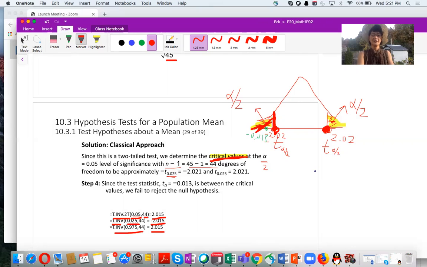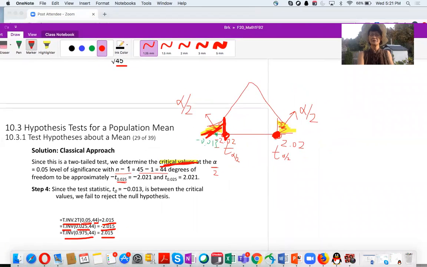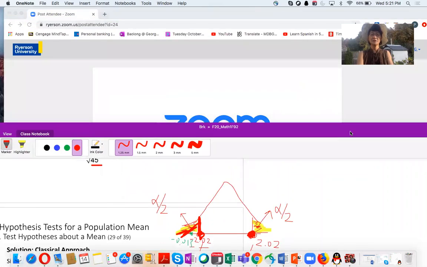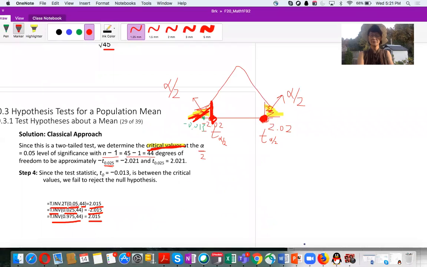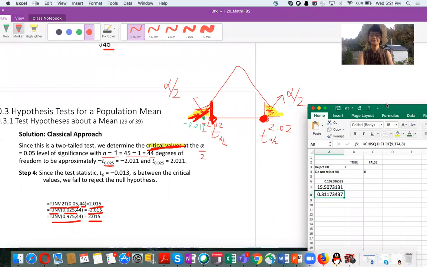This is where I left off from last lecture, part 1. So I call this lecture part 2 of hypothesis test for population mean. Once you get it, I'm going to use Excel to verify so that you know how to use Excel to find the critical value.